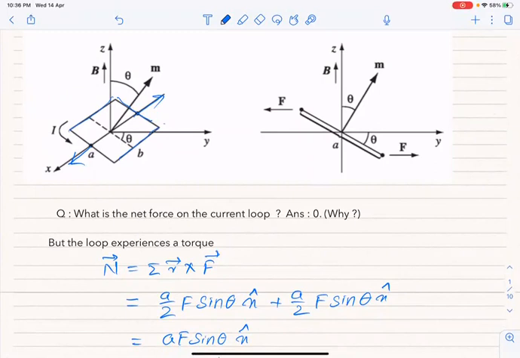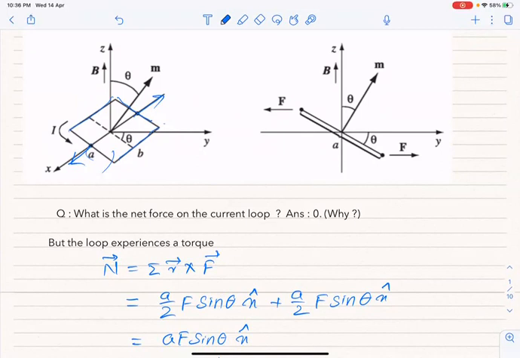So now you have two sides. If you do the R cross F, you will see that R is A by 2, because this is your R for one particular side.